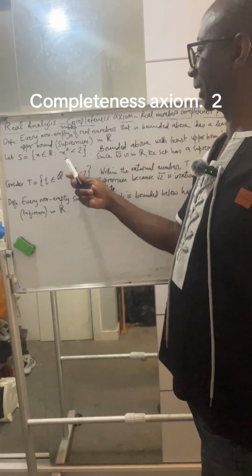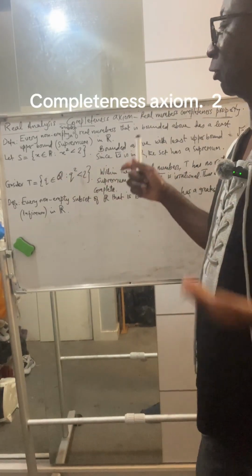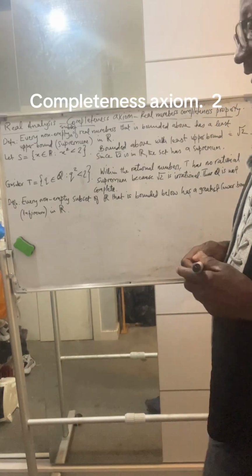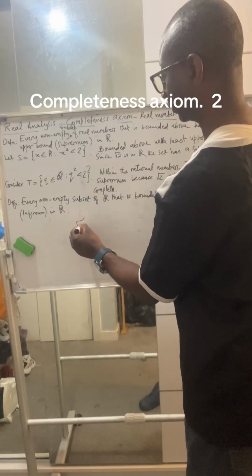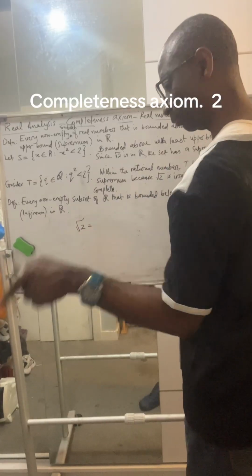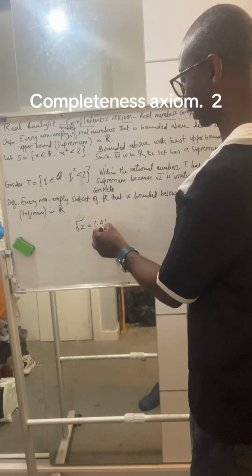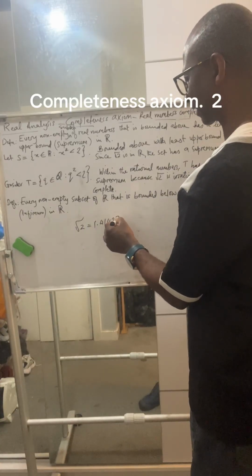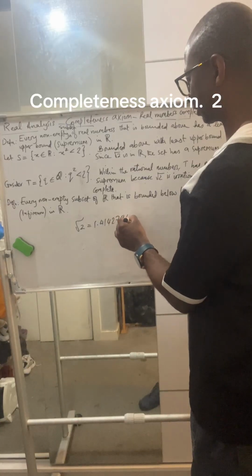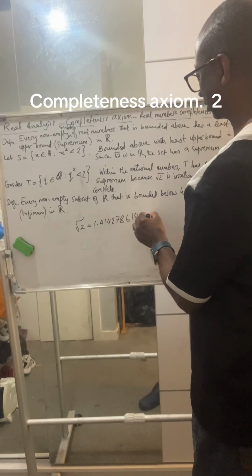This is a set wherein all the squares, the squares of numbers, are less than 2. That's what they are saying. You already know root 2, for example. If you punch this in your calculator, you'll get 1.414278614, something like that.